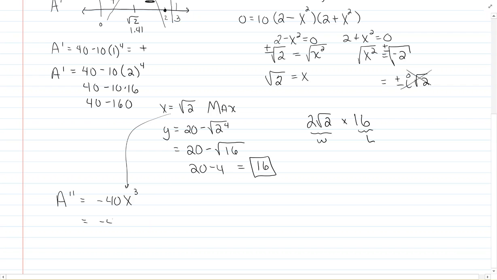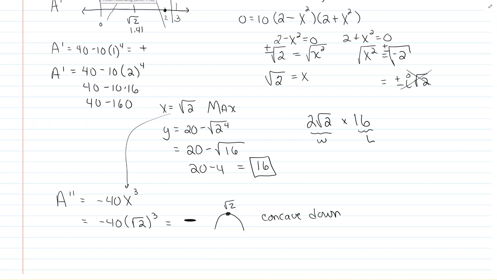So in this case, negative 40 times radical 2 to the third, whatever that number is times a negative is going to be a negative result. And if it's negative, it's concave down. And if it's concave down, then your point of radical 2 is sitting up there at the top, which is a max. So your dimensions, back to your answer, should be that.